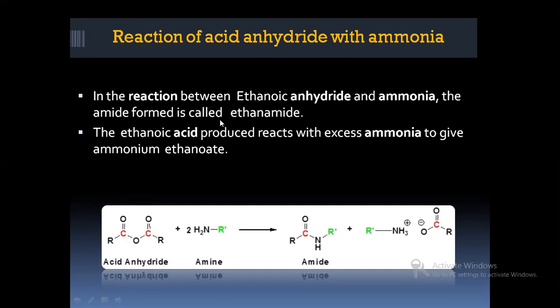The product formed is called an amide, okay? And the ethanoic acid produced reacts with excess ammonia to give ammonium ethanoate. So it depends on you whether you want to write a general expression or you want to give any example.